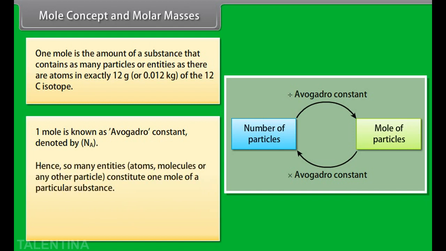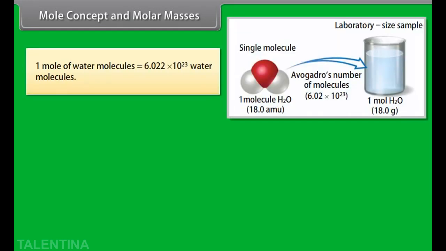Hence, so many entities, atoms, molecules, or any other particle constitute 1 mole of a particular substance. Or we can say that 1 mole of H atoms is equal to 6.022 into 10 raised to the power 23 atoms. 1 mole of water molecules is equal to 6.022 into 10 raised to the power 23 water molecules.